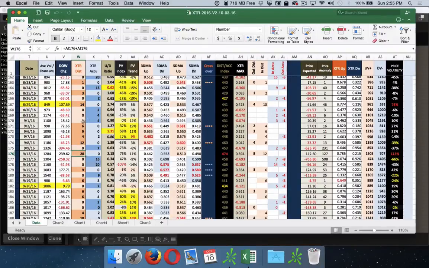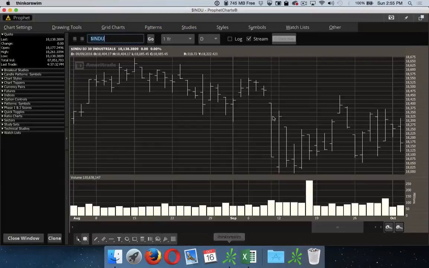It appears, and it was confirmed by the spreadsheet, that we should expect a very sharp market decline from September 2nd to the 8th and the 12th. So let's go back here, go to September 2nd.